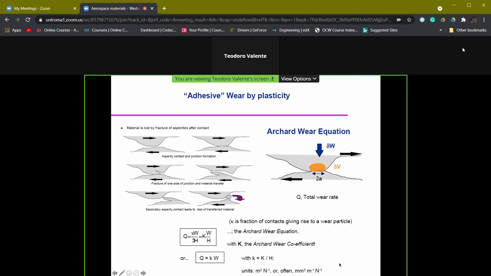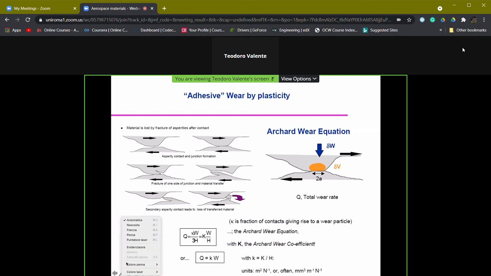We have the possibility to make a modeling of the stress distribution inside the materials corresponding to the asperity contacts.